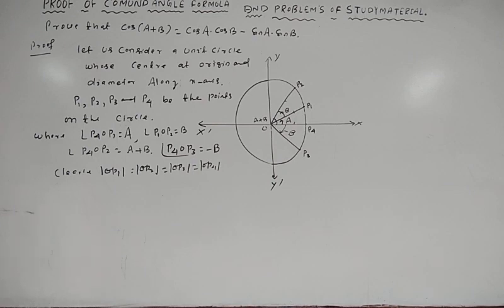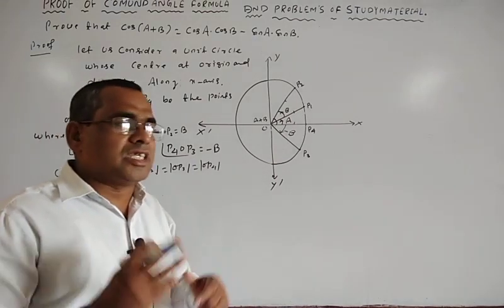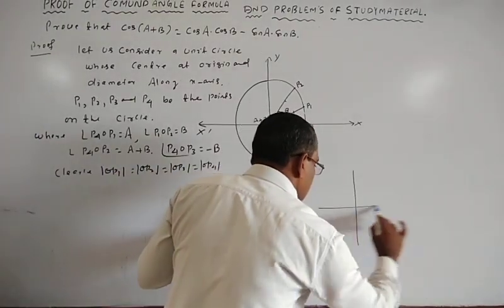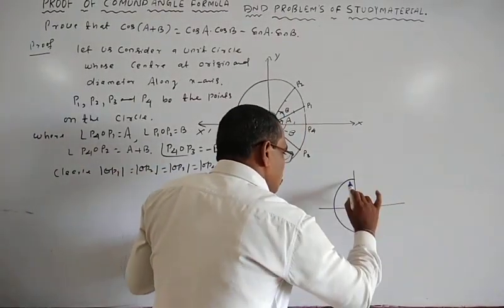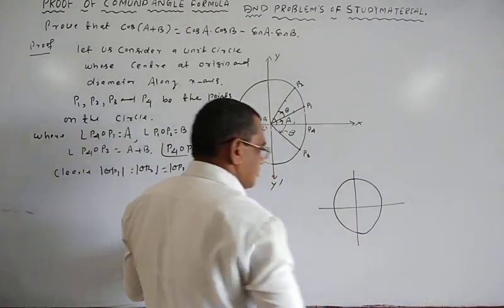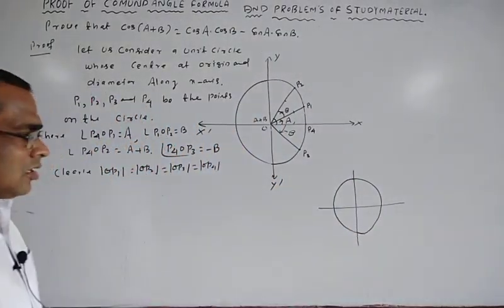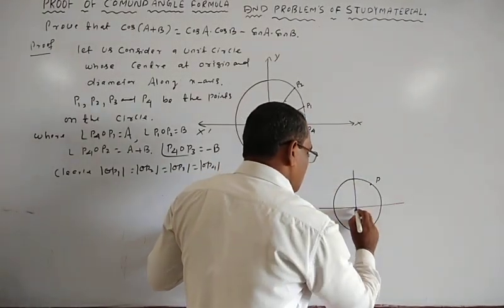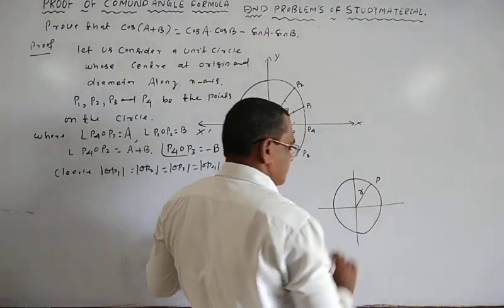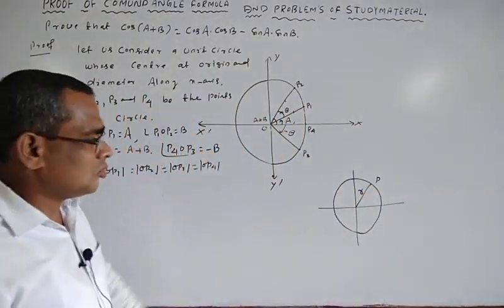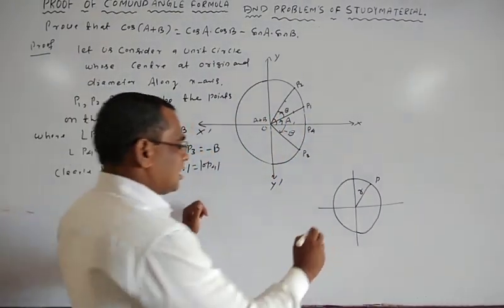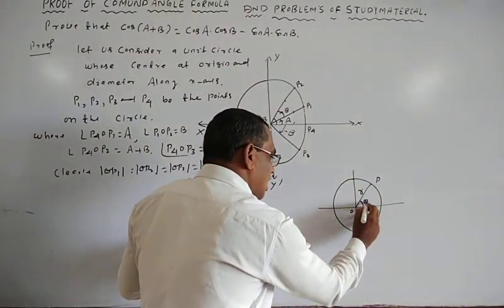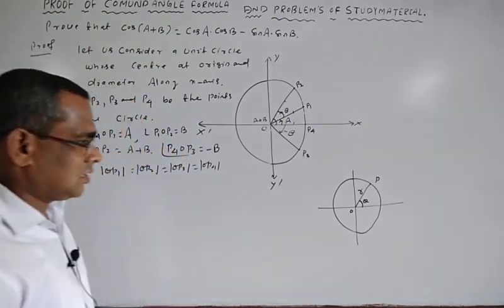Okay, now you know the point on this circle. If this is a circle whose center is at origin and diameter lying on the x-axis, suppose P is a point on the circle and the radius is R. Suppose the circle whose radius is R and center at origin, and this OP line makes an angle theta with the positive direction of x-axis.